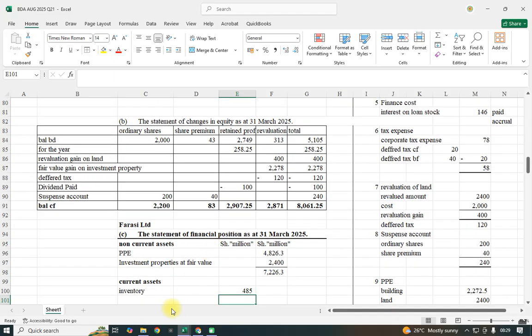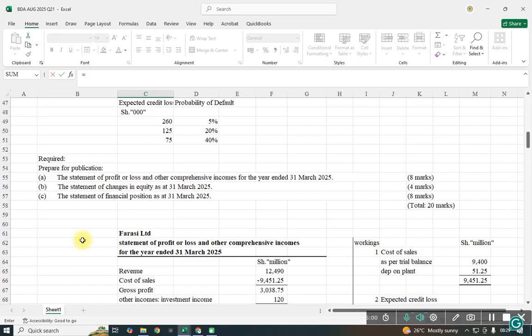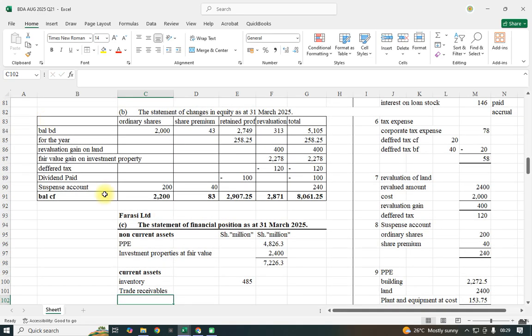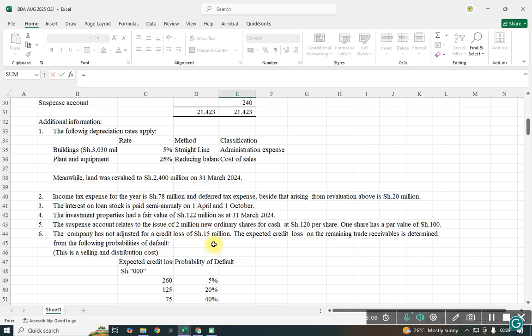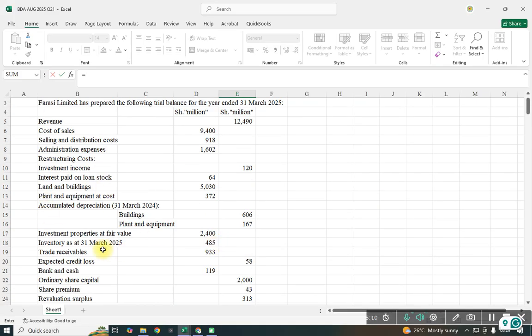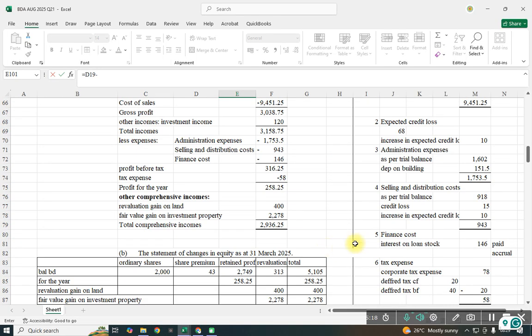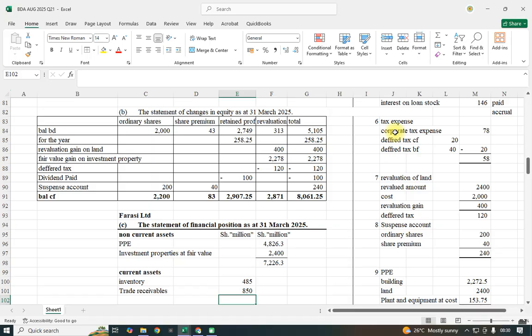Then we had the receivables, and our receivables shall be reduced by the credit loss. Receivables was 933. We shall minus the 15 under the credit loss, and the increase in expected credit loss, so we minus the credit loss of 15 and the expected loss of 68, which increased. And what else?